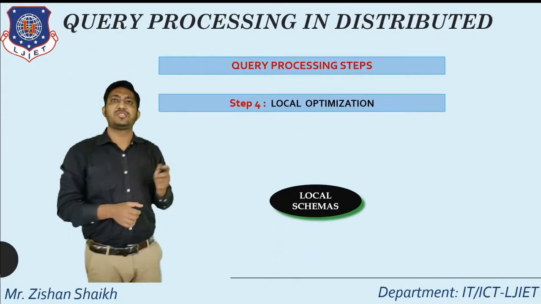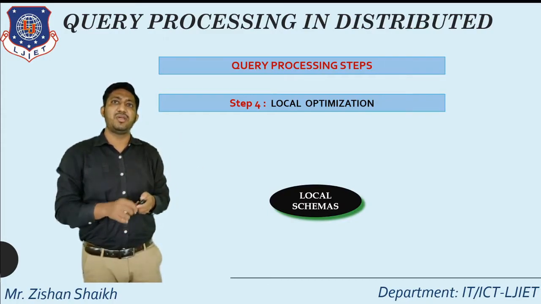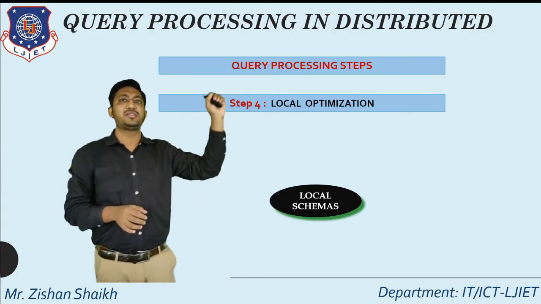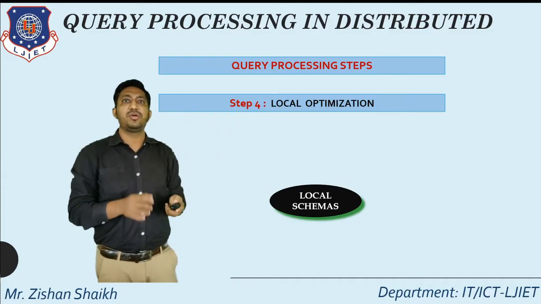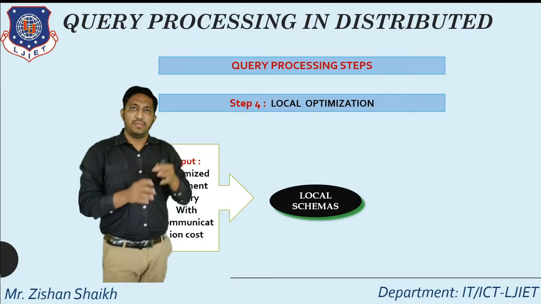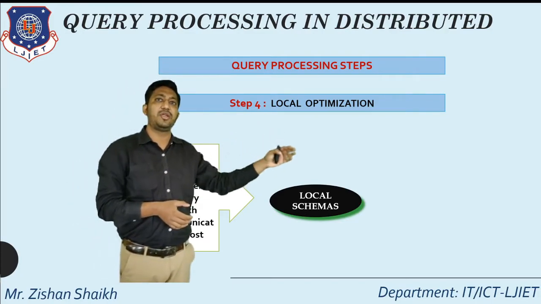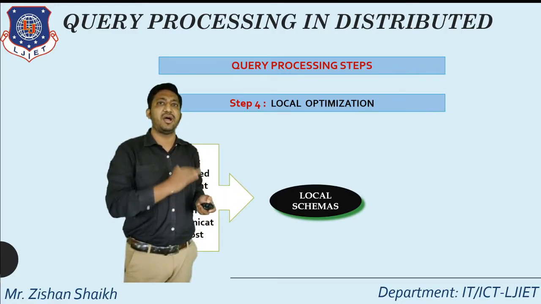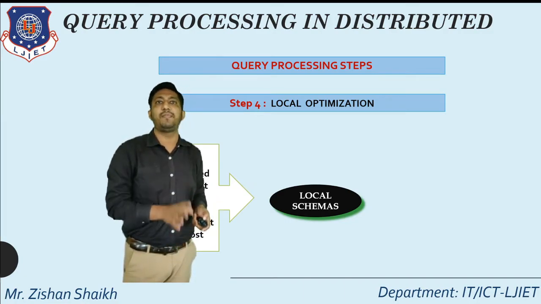Now we are moving to step number 4, that is local optimization. In step number 3, we have already decided how exactly the particular query is executed at that remote place. That is our optimized fragment query. Now, according to the communication cost, our query reaches the particular destination. That destination decides how exactly this query is executed at the local place.